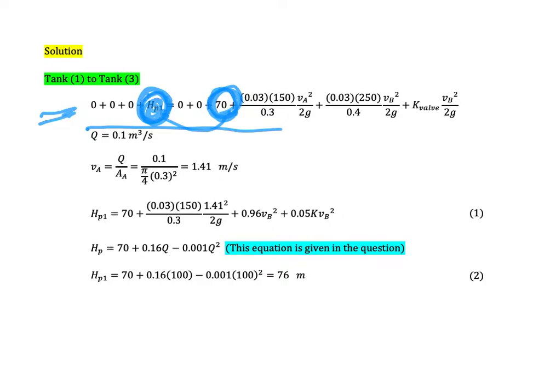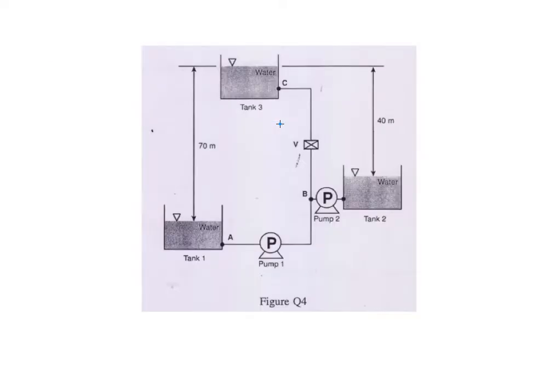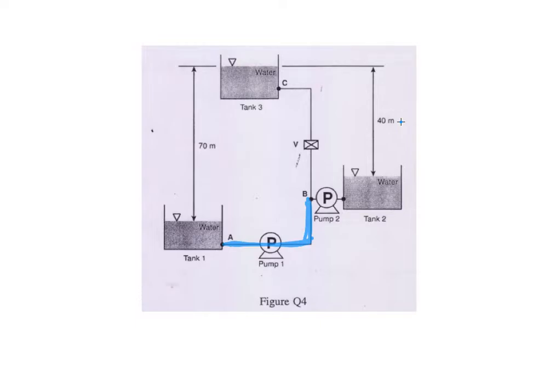However, we learned about the major loss and minor loss in fluid mechanics 1 and 2. So we need to add the value of losses here in our Bernoulli equation. So this is the major loss for pipe A, which is from here to here. And then this is the major loss for pipe B, which is from here to here.